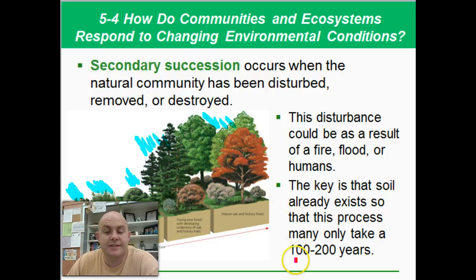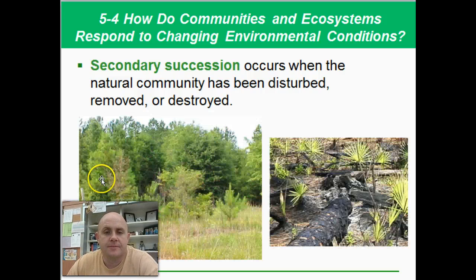This process doesn't take quite as long, anywhere from 100 to 200 years, because the soil is already present here. These are usually caused in nature as a result of fires and floods. But humans can also create a blank canvas for this process to start. And so a fire is a good example shown right here.